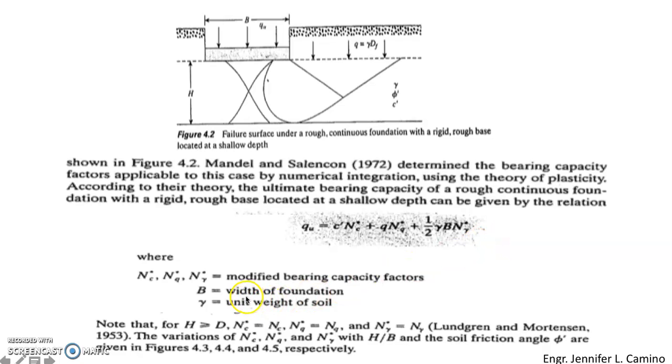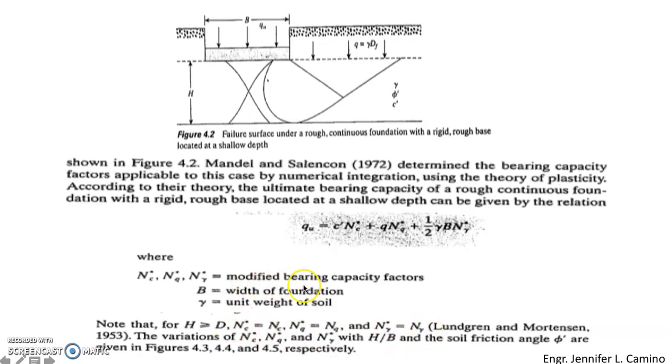Of course, we know that B is the width of the foundation and γ is the unit weight of the soil. We have to take note that when D is greater than H, N_c* is equal to N_c, meaning N_q* is equal to N_q and N_γ* is equal to N_γ.